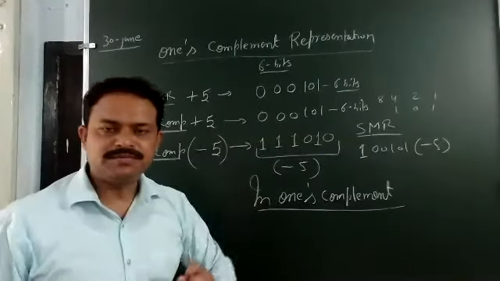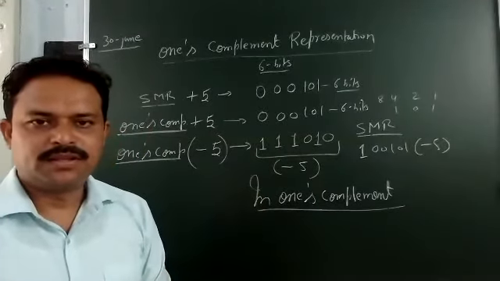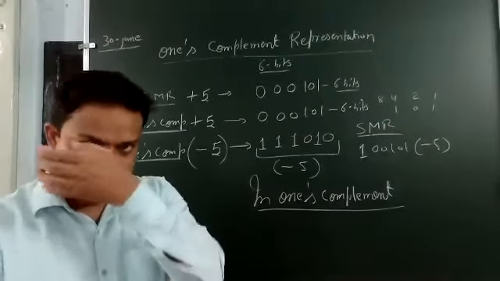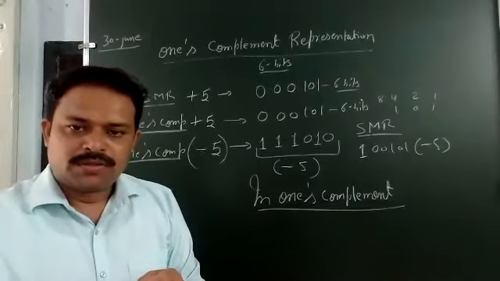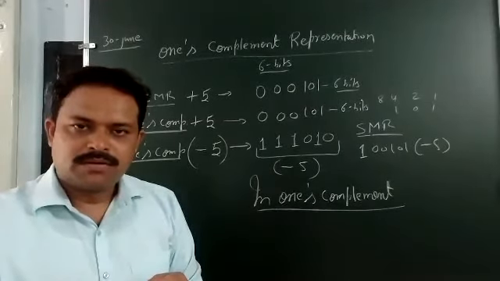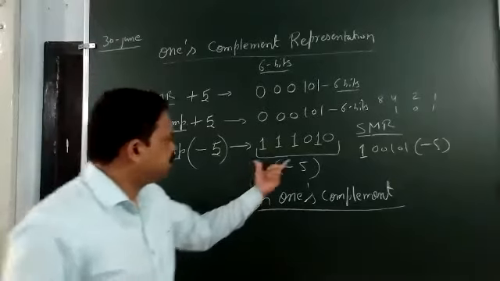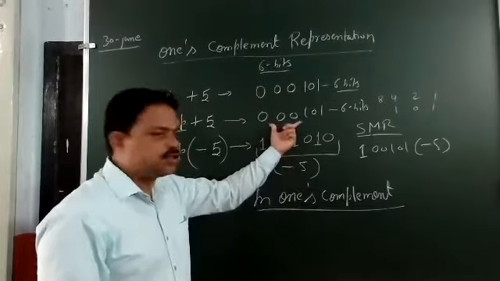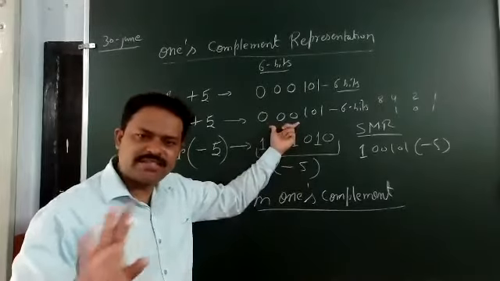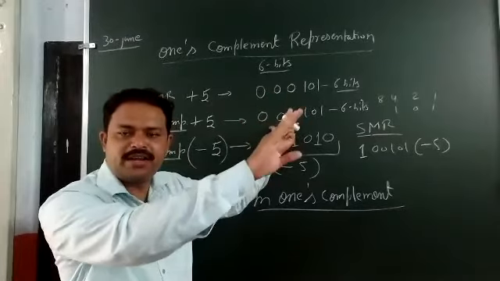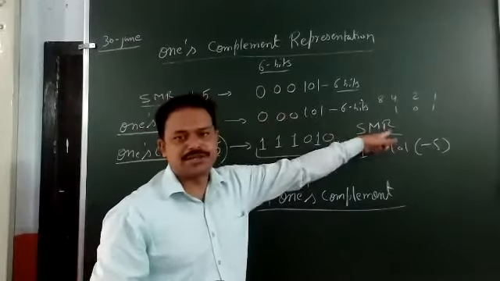Have you understood? It is a very simple topic, not much more to it. This is the way to write the one's complement of a negative value. For positive values, we have the same concept as in sign magnitude representation.